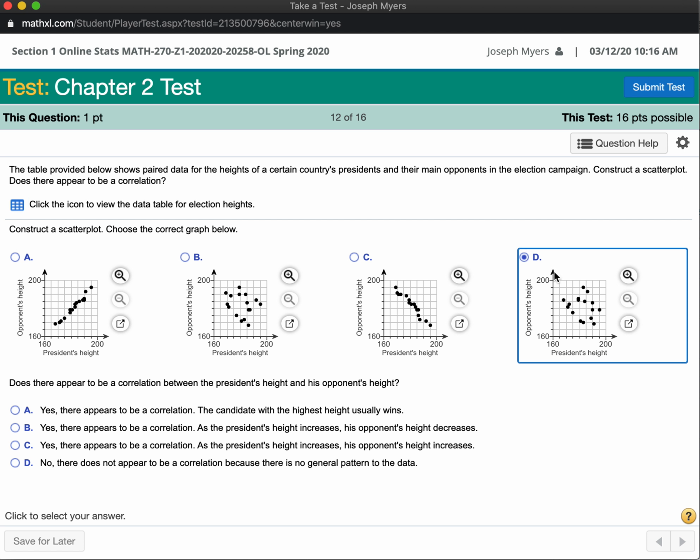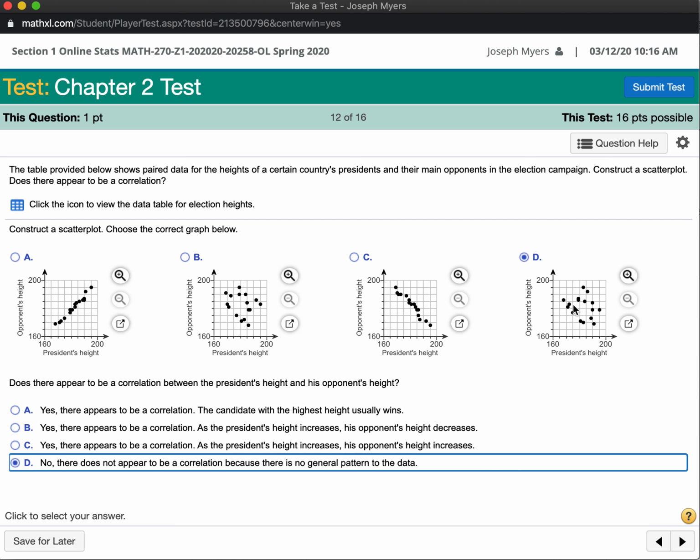Now, does that look like a straight line? No. This one looks somewhat like a straight line, this one looks kind of like a straight line, but D does not. So the answer for correlation is no. There does not appear to be a correlation because there's no general pattern to the data. So how tall you are as president doesn't necessarily relate to how tall somebody is who's running against you.